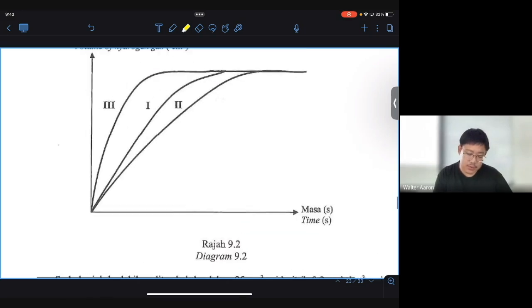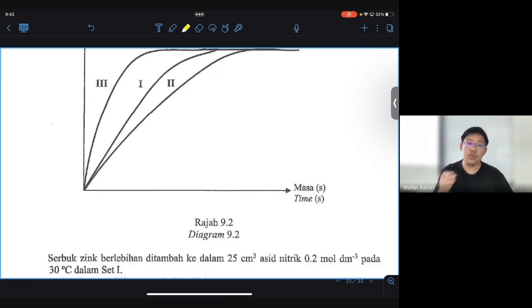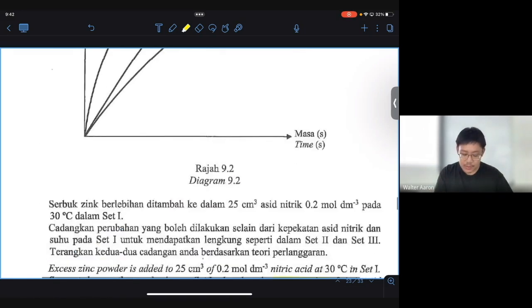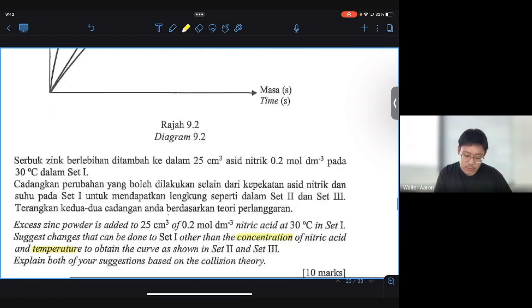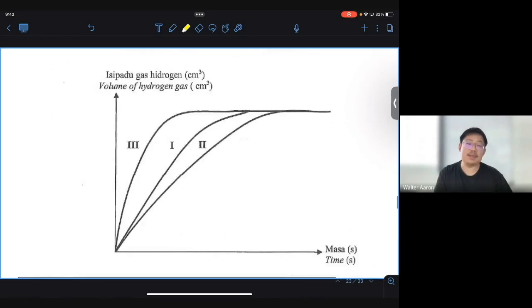Set 2 is lower, set 3 is higher rate of reaction. Now bear in mind, you cannot change the concentration or the temperature. So to get set 3, you can add a catalyst, because by adding a catalyst, you'll be able to get a higher rate of reaction.